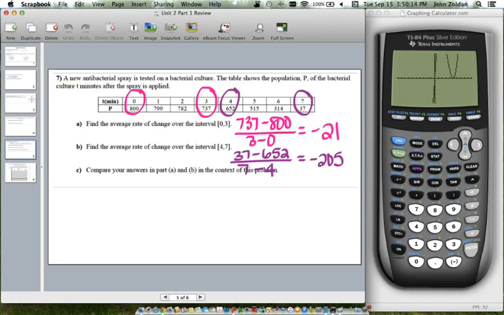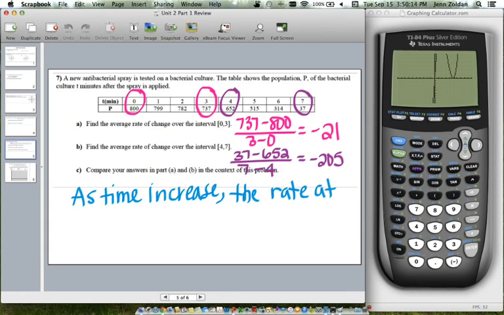So as time increases, the rate at which the bacteria dies also increases.